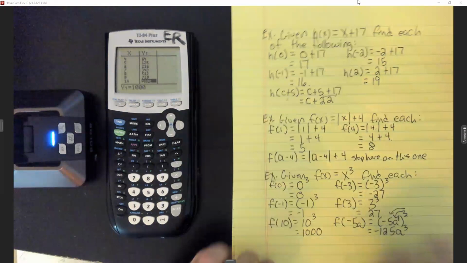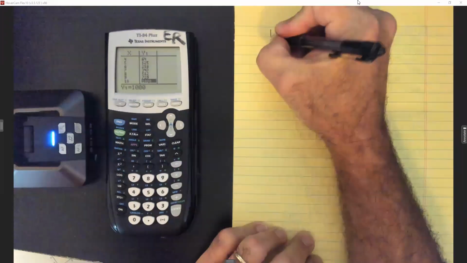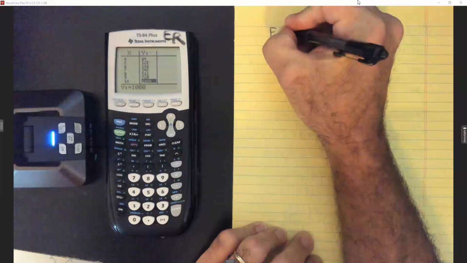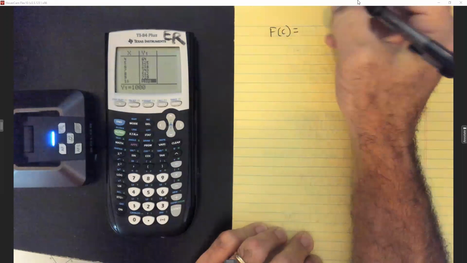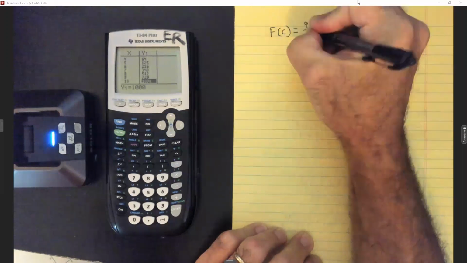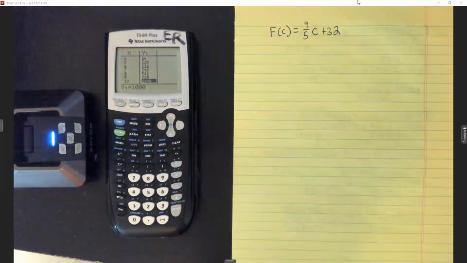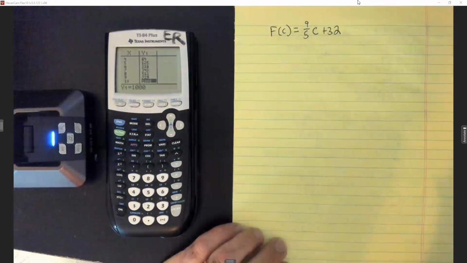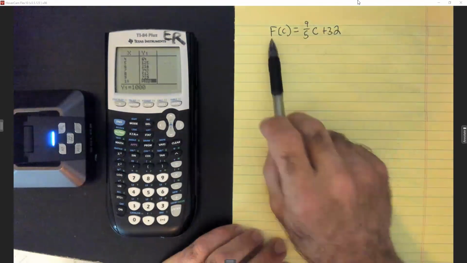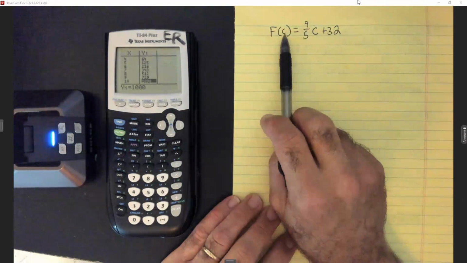So now, let's see if y'all remember what this function is. I got a function f of c equals 9/5 c plus 32. Y'all ever seen that formula? This finds the Fahrenheit temperature when you know the Celsius temperature.